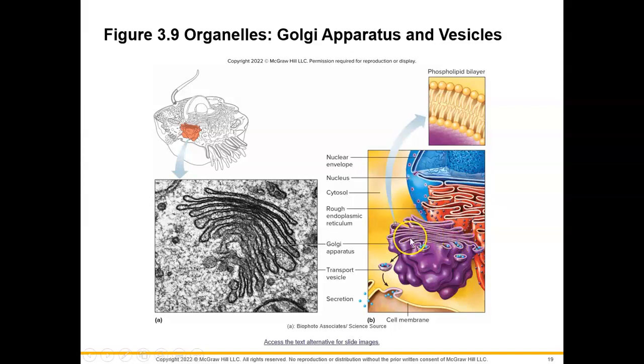The Golgi apparatus will sort and modify and repackage the materials and send them to where they need to go. Some will need to go to the exterior of the cell, so they will be sent in secretory vesicles to the surface of the cell to be released by a process known as exocytosis.